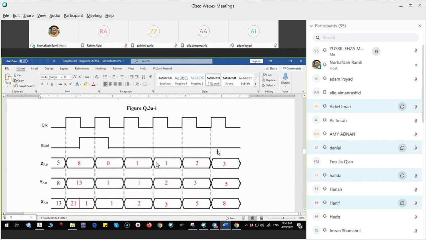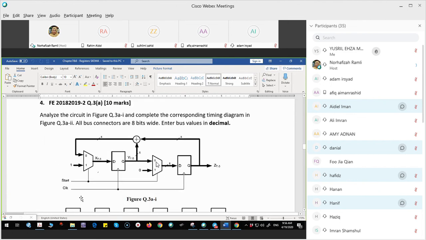And I think if you do simulation, the simulation default will start from 0. So probably when you do your simulation in the beginning, you will get some different answers. But after some time, you will get the correct answer, once you reach 5, 8, 13. But this one is 21 because of the start. The start will clear.